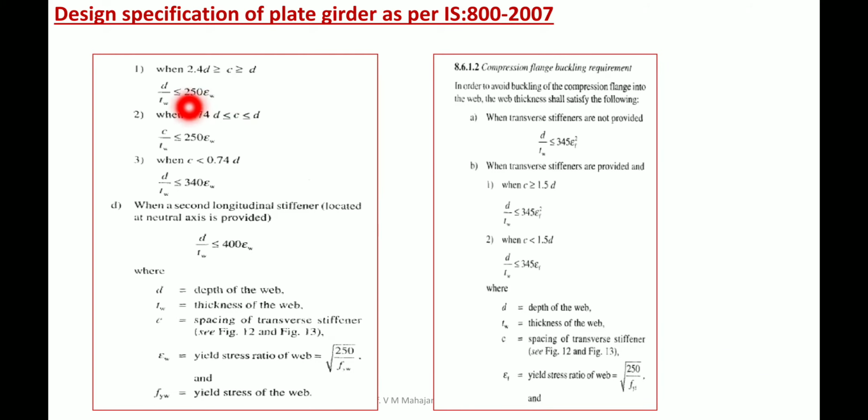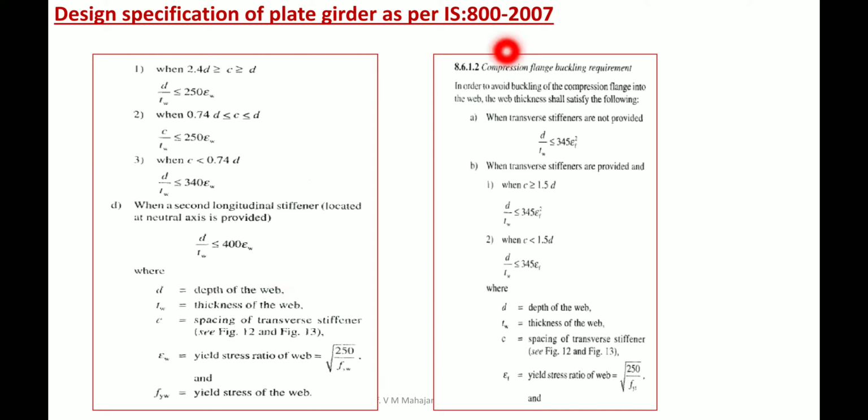These are some clauses to follow when a second longitudinal stiffener is provided, located at the neutral axis, where D by Tw is less than or equal to 400 times epsilon.